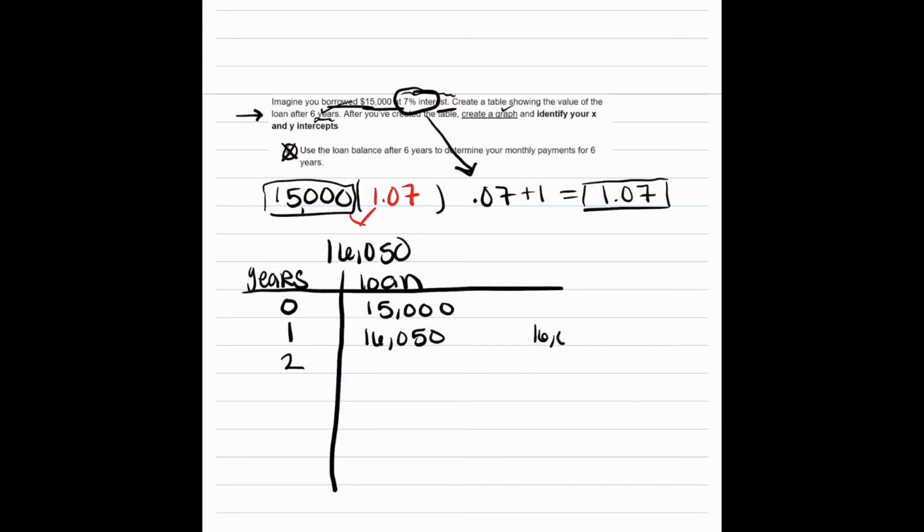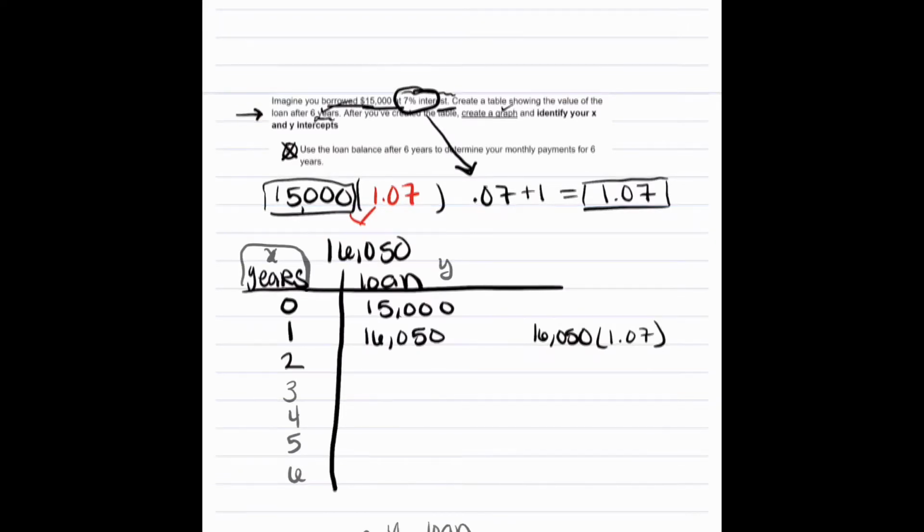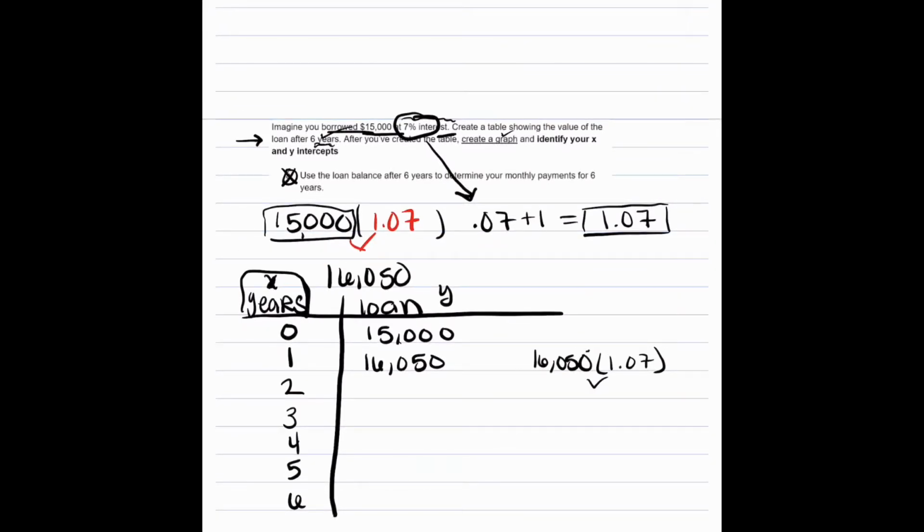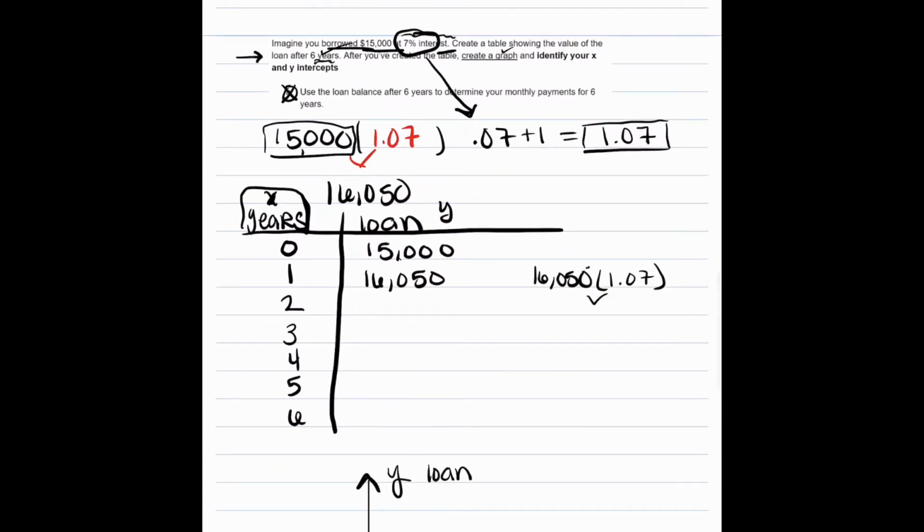So 16,050 times 1.07. You guys can do all your work on the side, on your calculator. It doesn't matter. When we multiply these together, we do get 17,173.50. I wrote it over here because that's the loan balance after 2 years.